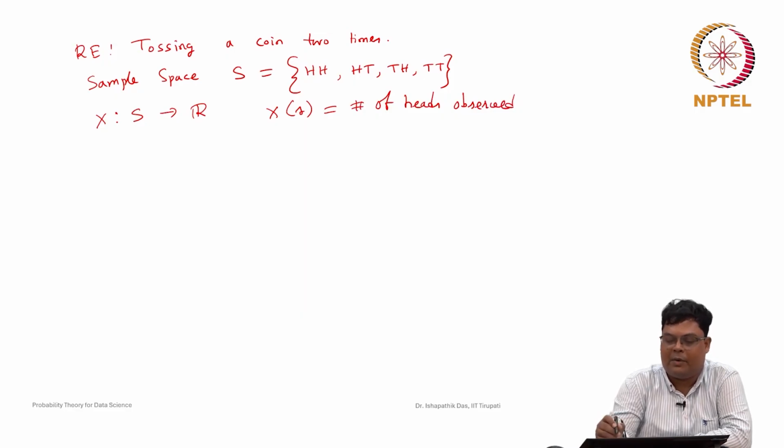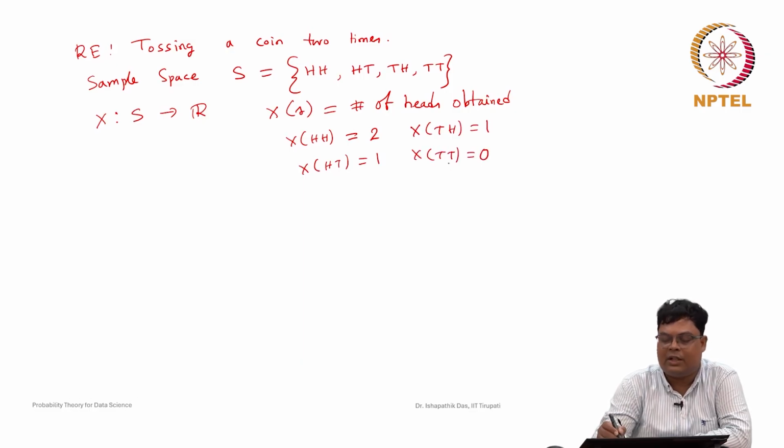So, whenever tossing a coin we obtain some heads, two heads, maybe one head. So, X of HH will be 2, because the number of heads is 2. X of HT will be 1, because only one head. X of TH will be equal to 1, and X of TT will be equal to 0, because there are no heads.